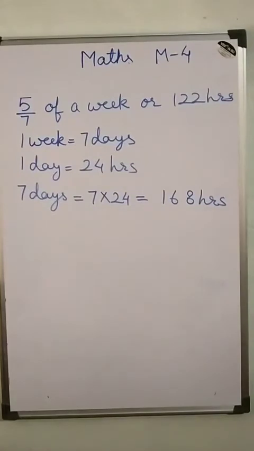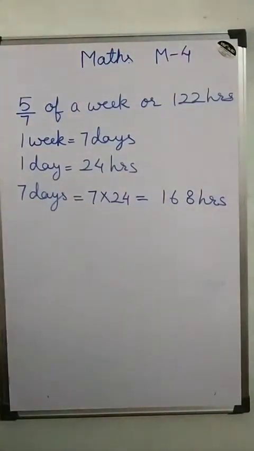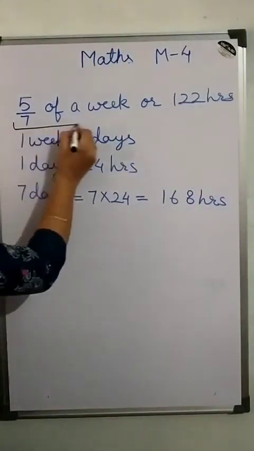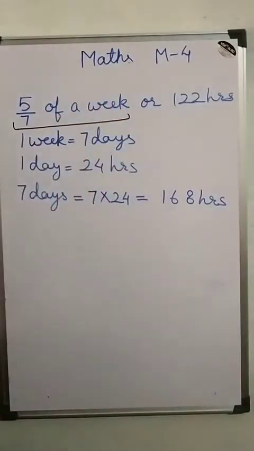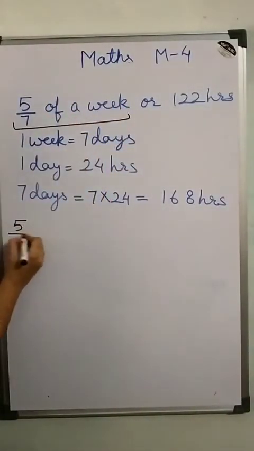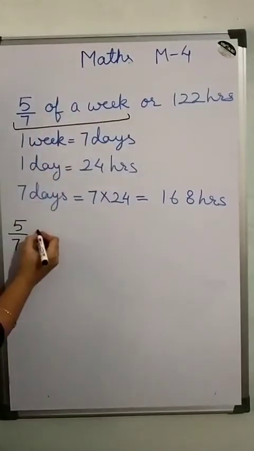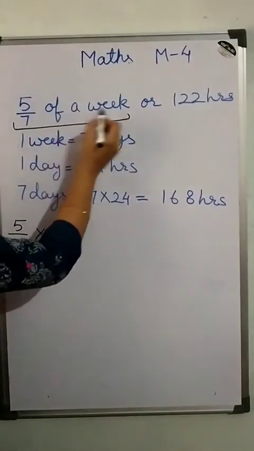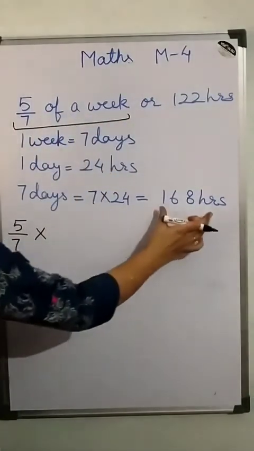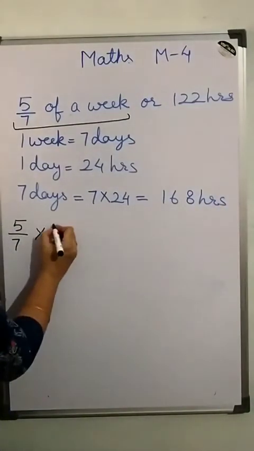Now use this one. Let's take this one first. So here 5 upon 7 of, in place of "of" I'm writing multiplication, a week. In place of a week, here you write down 168 hours.